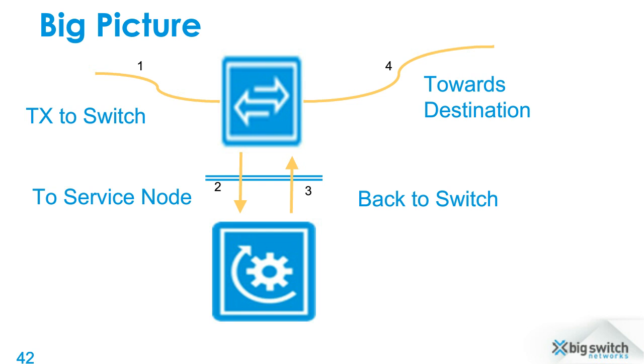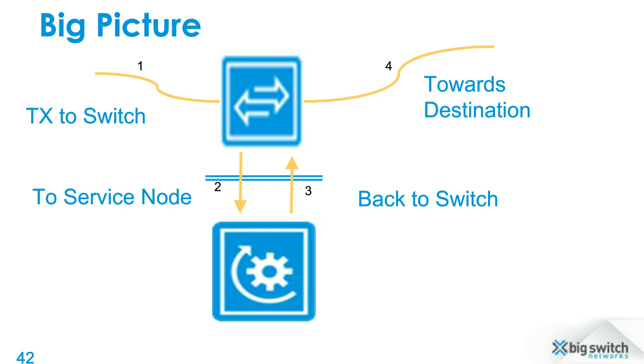We have a frame that comes in through 1. It gets sent down to 2. And at 2, the service node records it as a frame that it's seen. It then takes that frame, because it's never seen it before, and forwards it out and sends it up the fabric. The switch behind that interface now decides where that frame goes, possibly to Snort, possibly to an analysis tool, but it's directed by the controller.